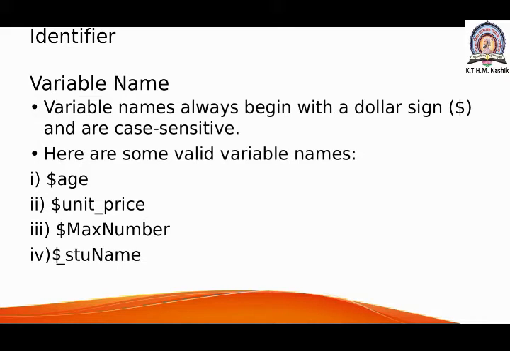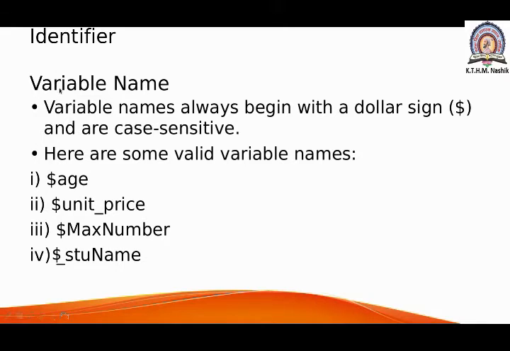After the initial character, letters, digits 0 to 9 and underscores are valid. Here are some examples of identifiers. You can take any word that follows these rules, and that is a valid identifier.